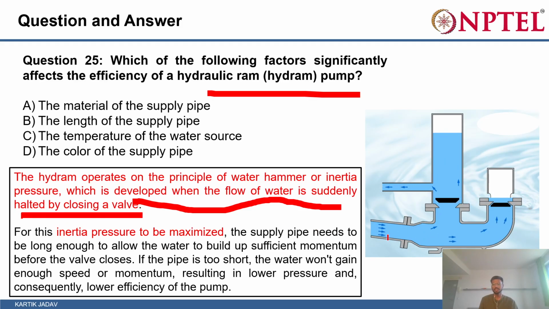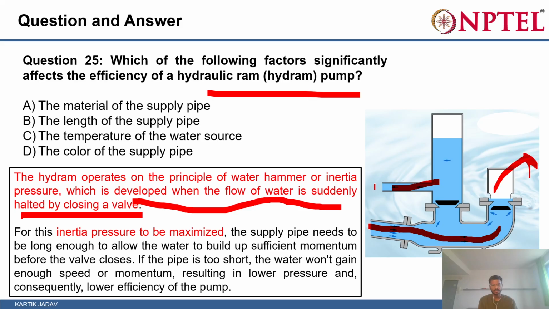You can see this: initially water will go inside. This is the delivery side and this is the waste side. You can see there are valves. If enough pressure is developed, this valve opens and water is delivered at the desired location.